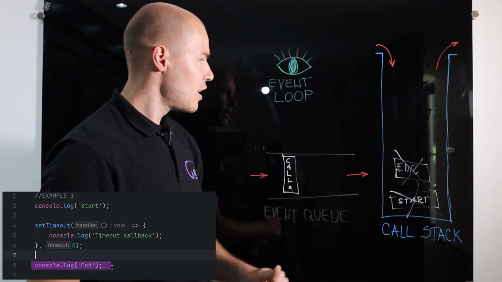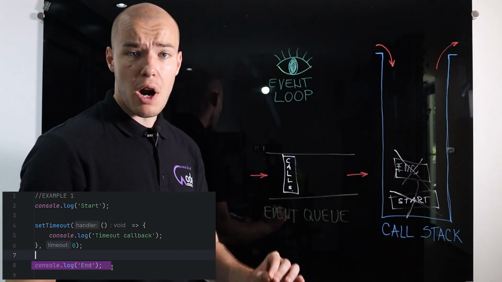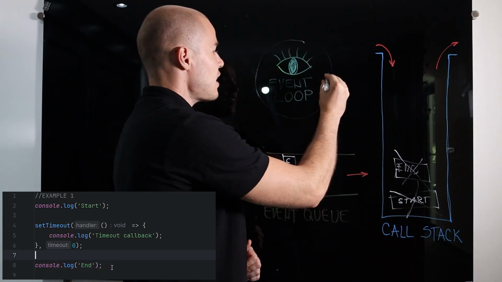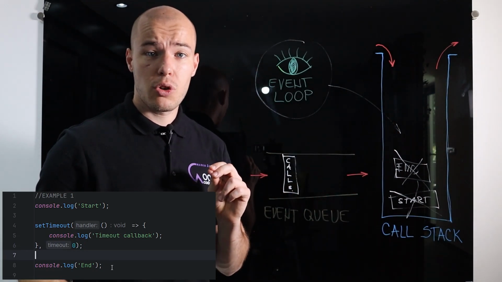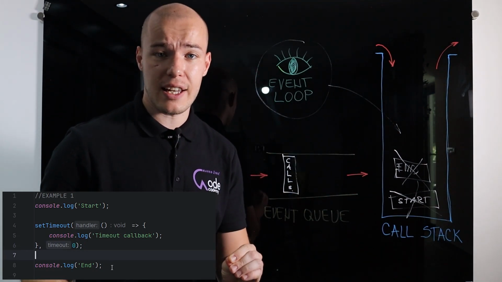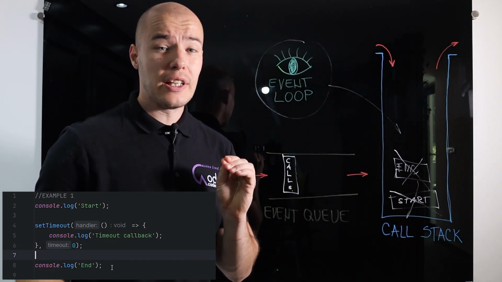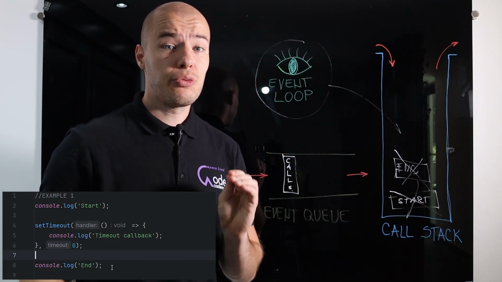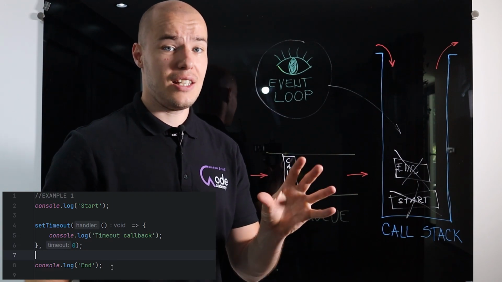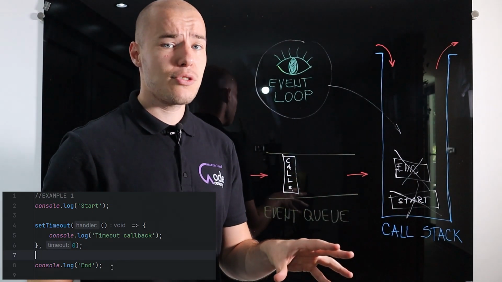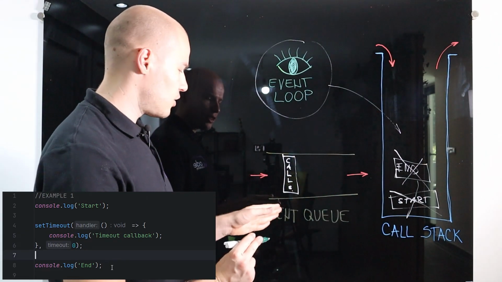So it gets out, and then our big brother, the event loop, takes a look at the call stack and sees that on the call stack we have nothing at the moment. So when that happens, it is going to first check our Microtask queue, and if it is empty, then it is going to check the event queue.